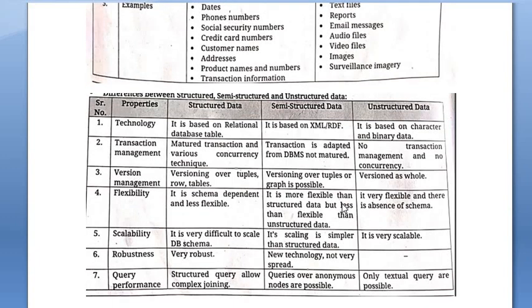Now, let's check what is the difference between all three. We'll just look into semi-structured data because we have covered structured and unstructured data. Now, semi-structured data, as I've told you, is based on XML. What do you understand by XML? It is the extensible markup language. Likewise, I said it is mostly used in various applications.